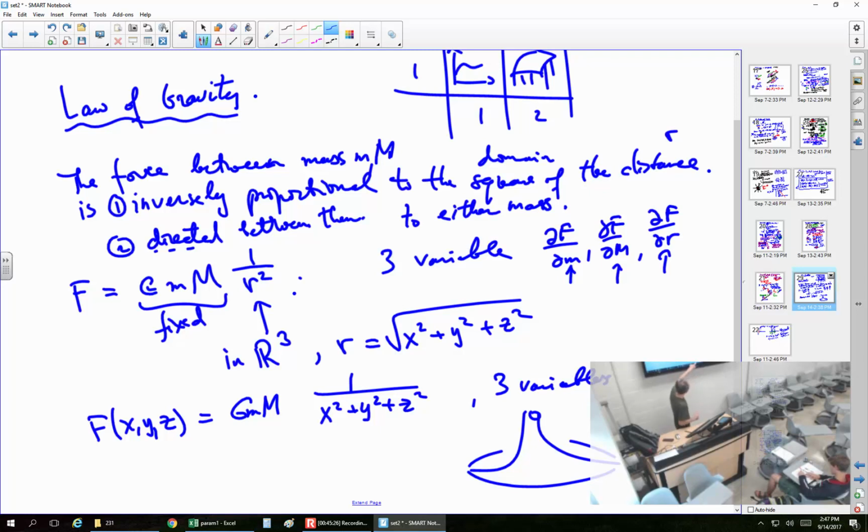Certainly, that never happens because there is an extra amendment to Newton's law. What happens to the gravity as one of the objects starts to penetrate through the other? What happens if you drill all the way through the Earth and drop something in there?